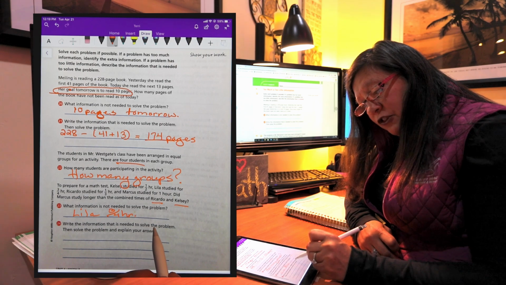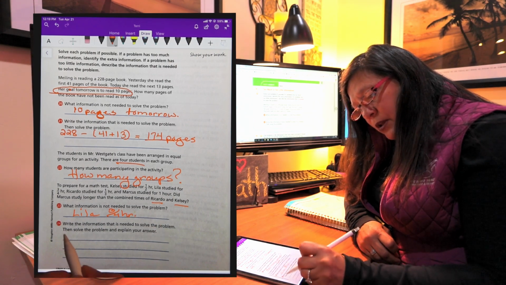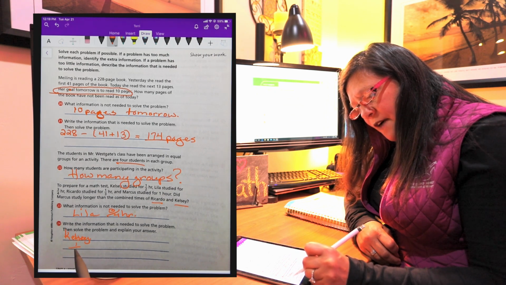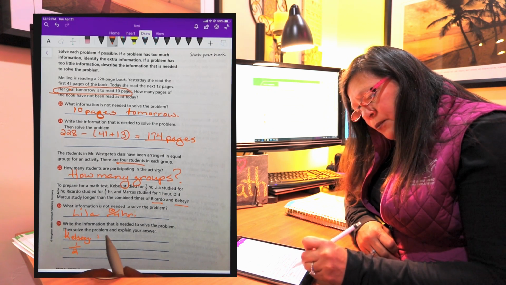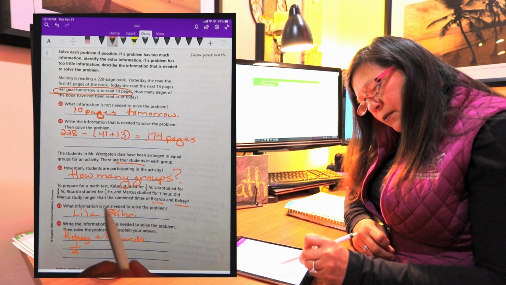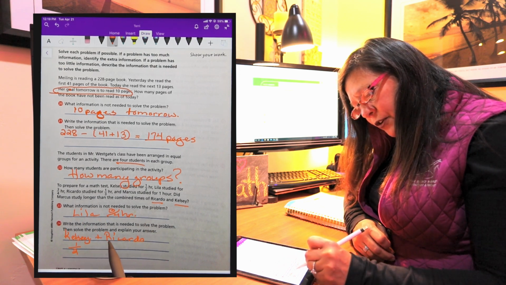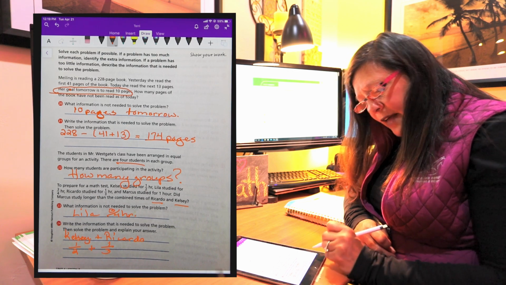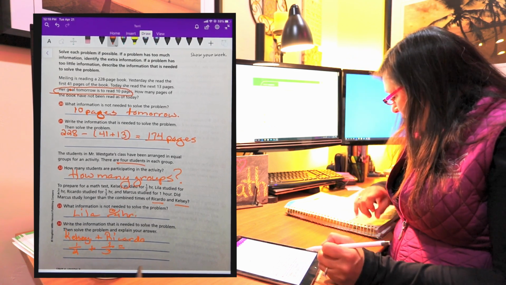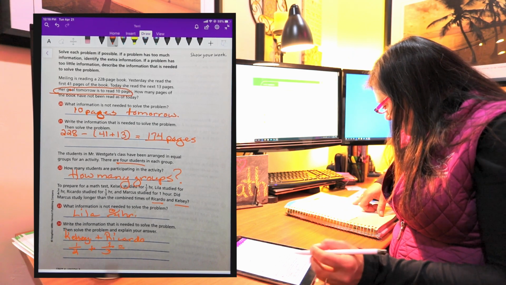So what information is needed? Well, we needed Kelsey's, and Kelsey studied for 1/2 hour, and we needed Ricardo's. Ricardo studied for 1/3 of an hour. We need to add those 2 together, and figure out how much it is that both of them studied together.